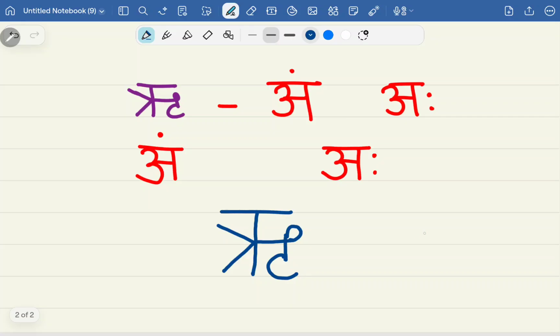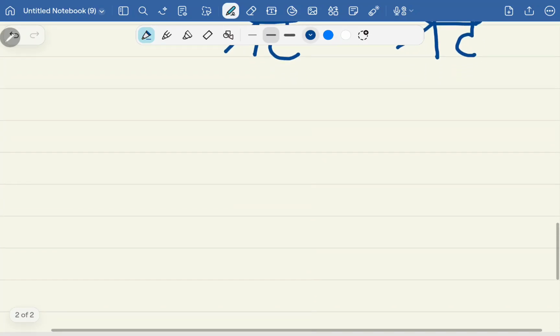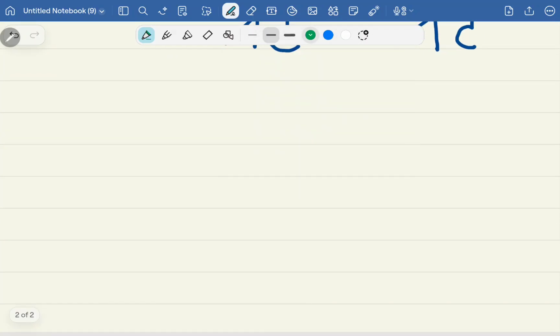Let's try making it once again. Standing line, two slanting lines, one sleeping line, one curve and a tail, and then a semicircle, and cover it with a sleeping line. So you understood how to write re?